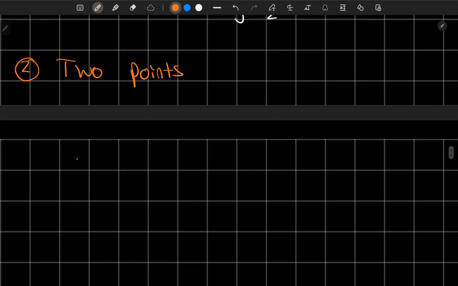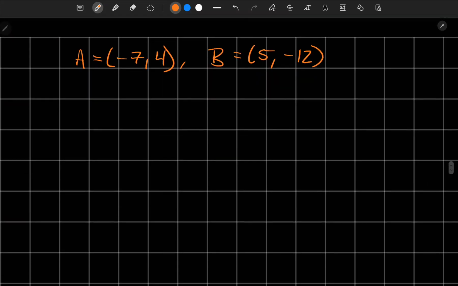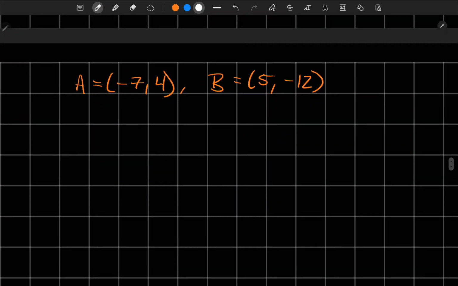So for example, suppose that we're given a, which is equal to (-7, 4), and b, which is equal to (5, -12). We wish to find the equation of the line which passes through a and b. Well, as is always the case in the xy plane, this line will be given by y is equal to mx plus b.